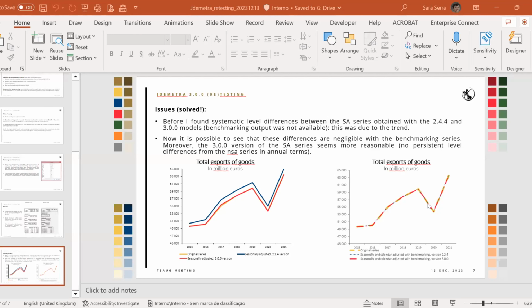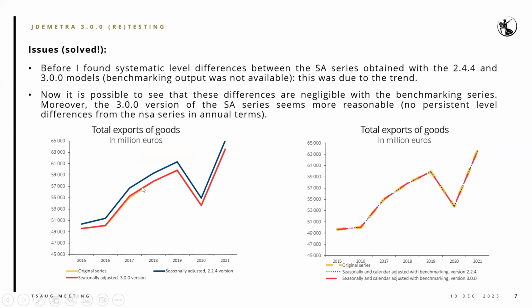So, results for benchmarking output here on the right are identical with the two versions. With the seasonally adjusted series, I still find a level difference in results between version 2.24 and version 3. This difference is due to the trend, according to what I found.